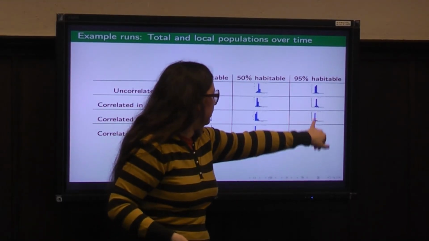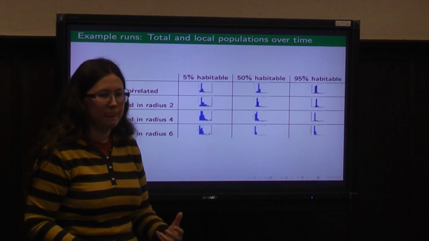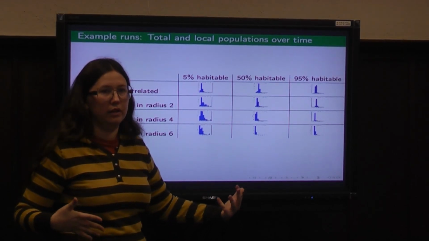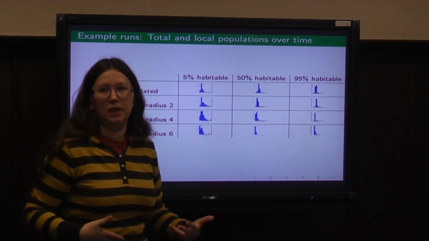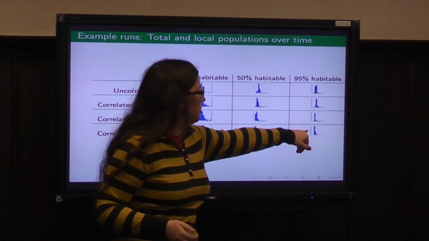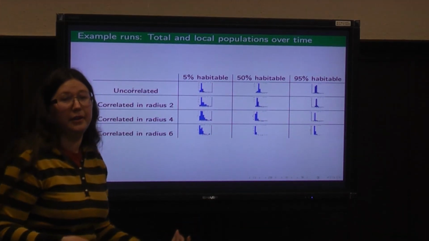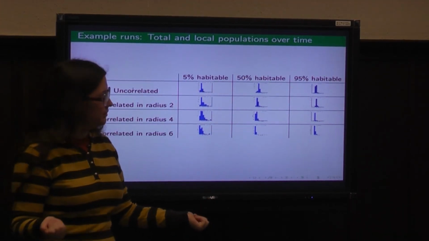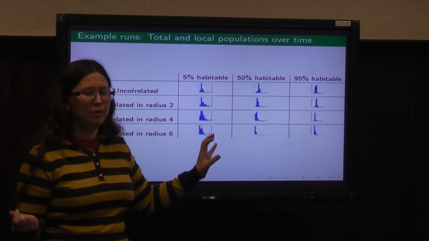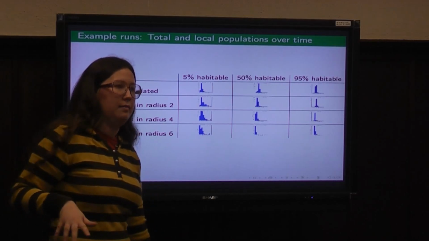Once we get up to a lot of good habitat, we get very tight peaks in time between peak values in local populations. So that suggests either something more periodic is going on here, or at least that everything in the whole habitat is operating on a similar time scale.